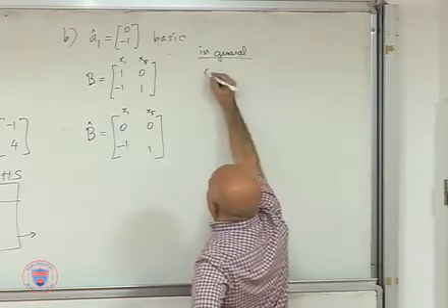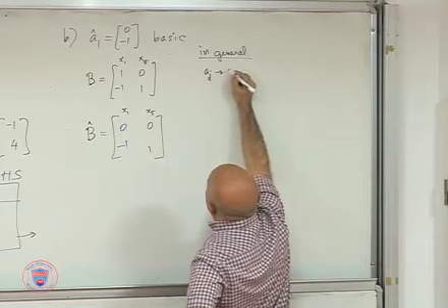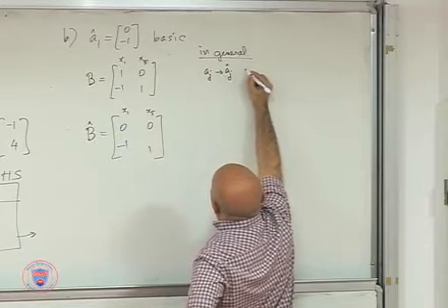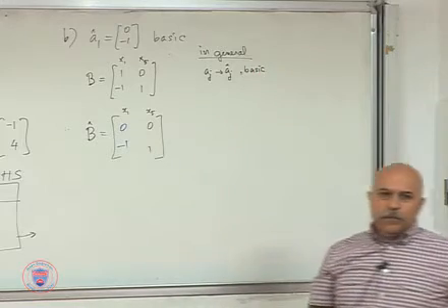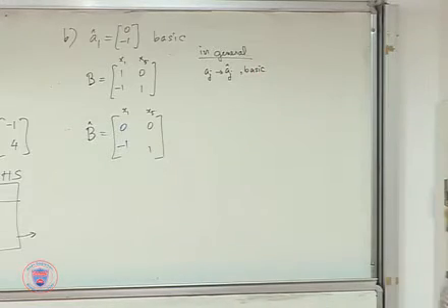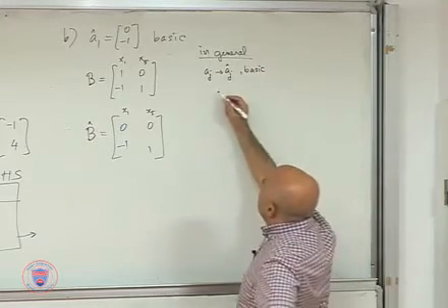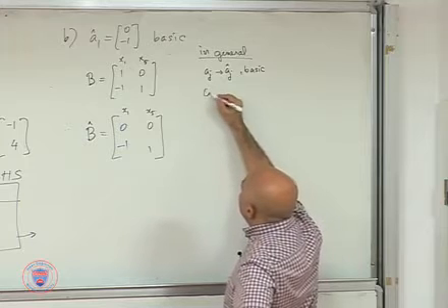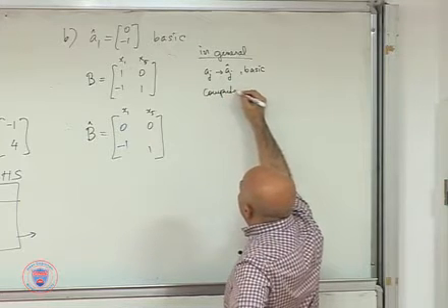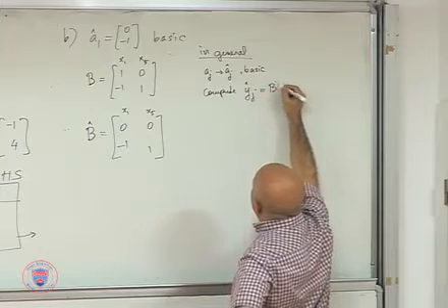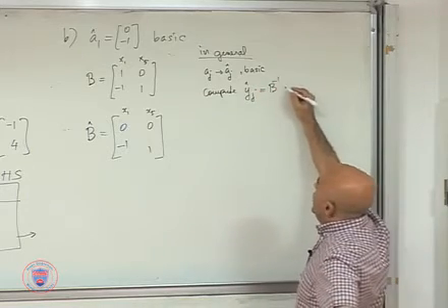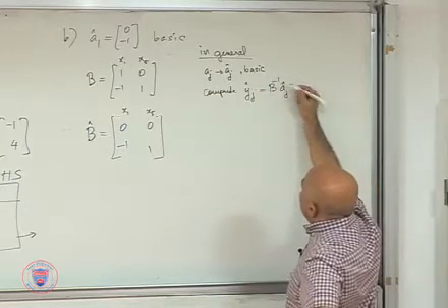In general, if Aj is changed into Aj cap, and assuming that j refers to a basic variable, what you do is you compute Yj cap, which is the old inverse times Aj cap.